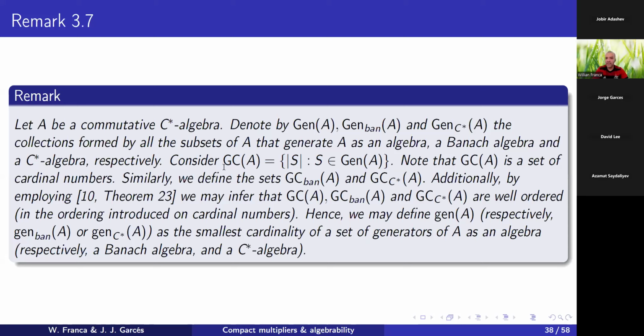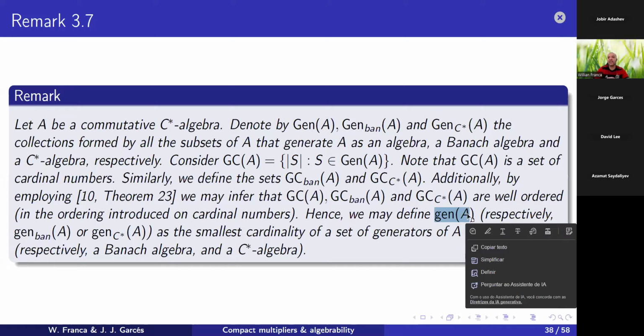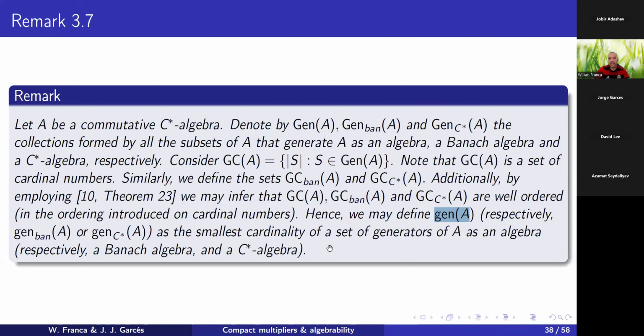So we are going to focus on what we call gen of A, which is the cardinality of the smallest generating set as an algebra, gen B of A, the cardinality of the smallest generating set as a Banach algebra, and the same idea for gen C-star of A. So this can be done.